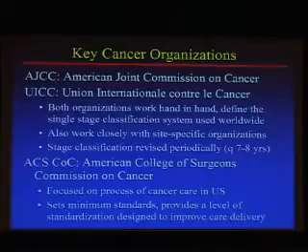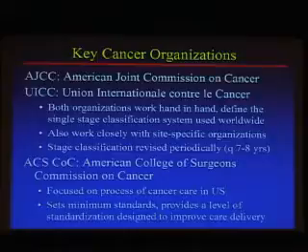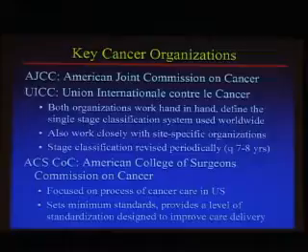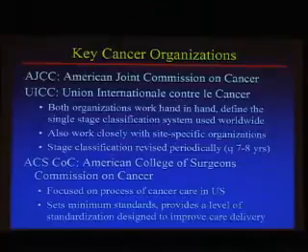So they still have some slight differences, but in terms of what the official classification systems are, they really work hand in hand, and there's only one staging system that comes out. It gets revised every 7 or 8 years. The new staging manual was just released, for use starting January 1st of 2010. And these organizations are very involved with the stage classification system.